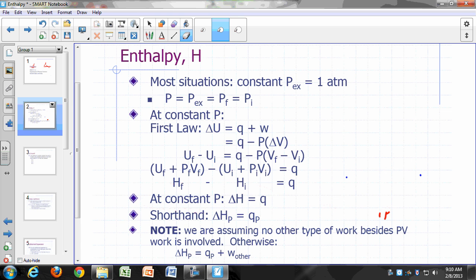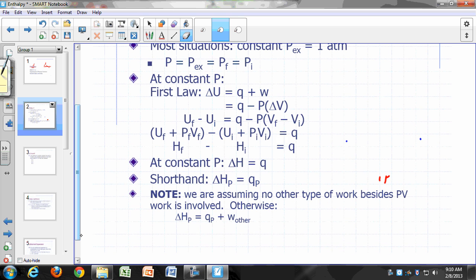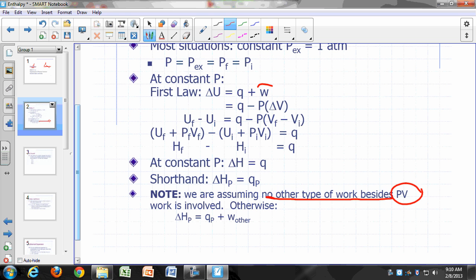One thing you do have to note that we are assuming here is that there's no other type of work besides pressure and volume work involved. If there was some other type of work, then delta H at constant pressure has to be equal to Q plus whatever other work you have.